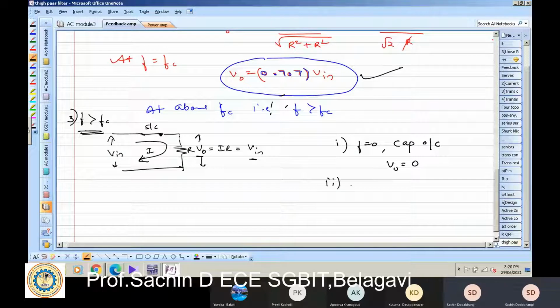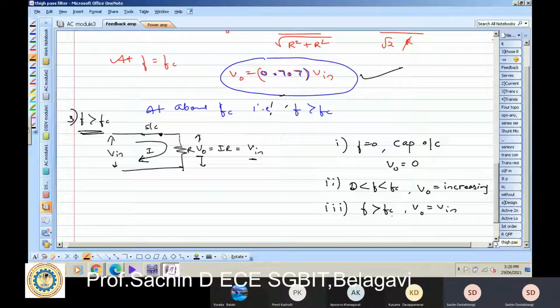Second case, frequency more than 0, less than cutoff frequency, so output voltage is increasing. Third case, more than cutoff frequency, then output voltage is equal to input voltage. So your graph will be 0, increasing up to input voltage.